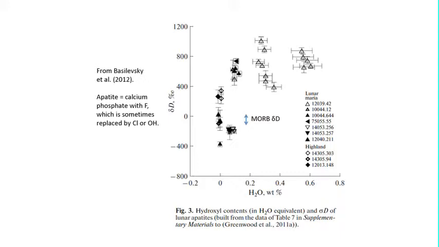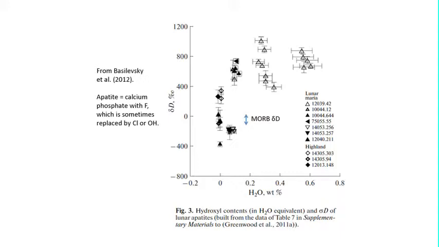Mid-ocean ridge basalts range from about 0 to minus 100, which would be like 10% or something. So they range in this narrow range, and these lunar apatites are way up and down.